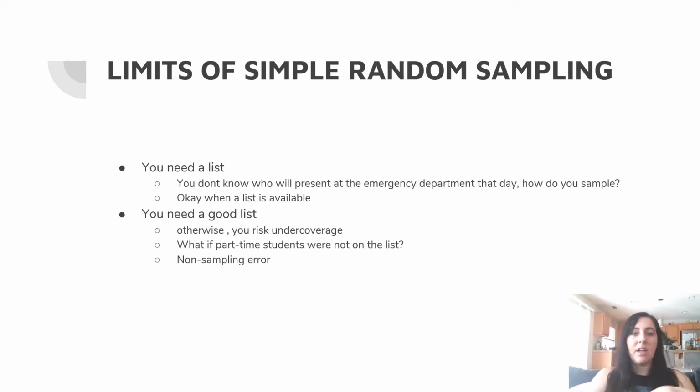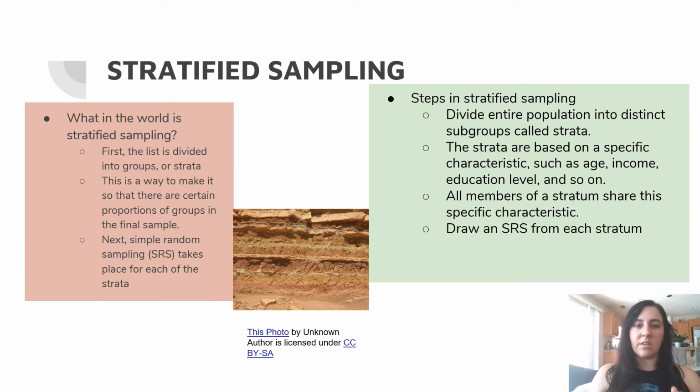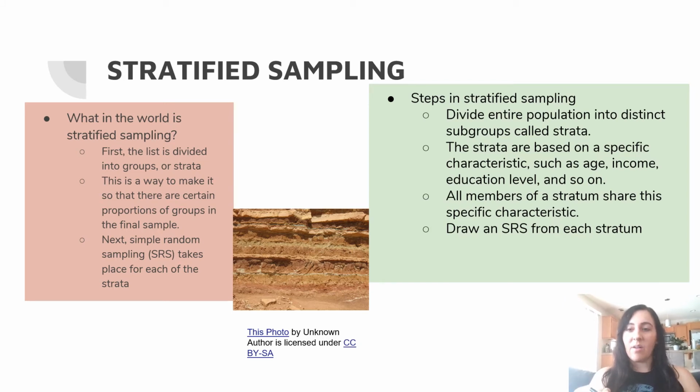So those are the limits of simple random sampling. Okay, so next we're going to look at stratified sampling. This is going to be a little bit different from simple random sampling because this isn't going to be very random. I mean, you can apply some SRS into this, and I'll show you where and how.